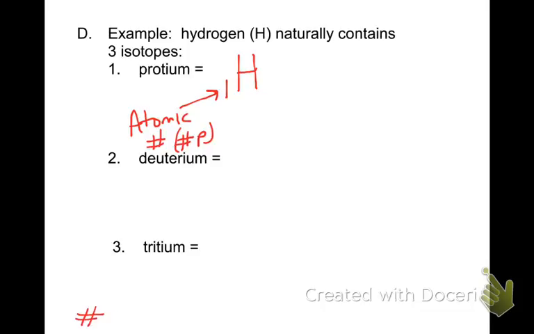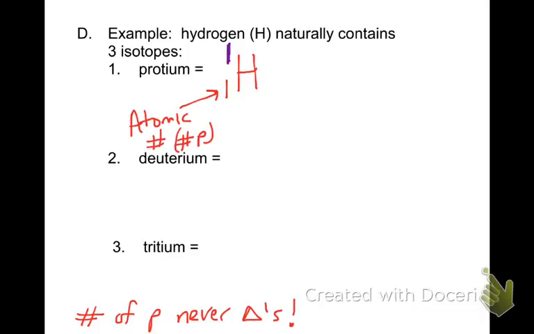So that means that each one of these isotopes is going to contain the same atomic number for hydrogen. What is going to change would be our mass number up top here. In fact, let me write that in a different color. So it's our mass number up here.